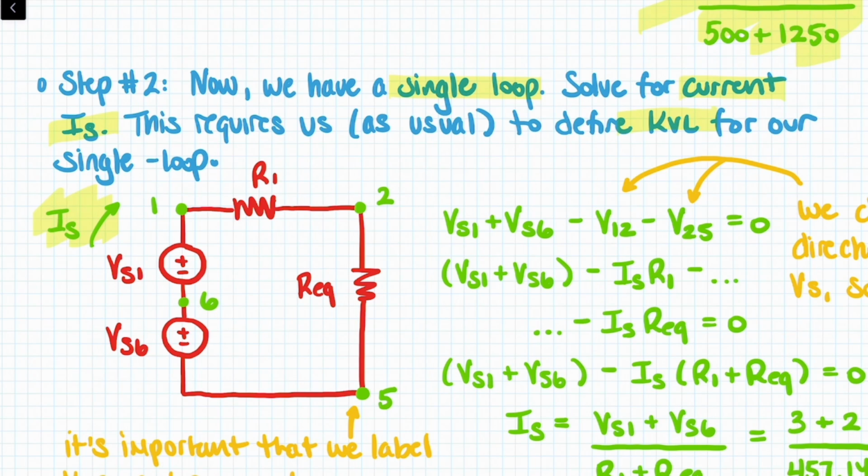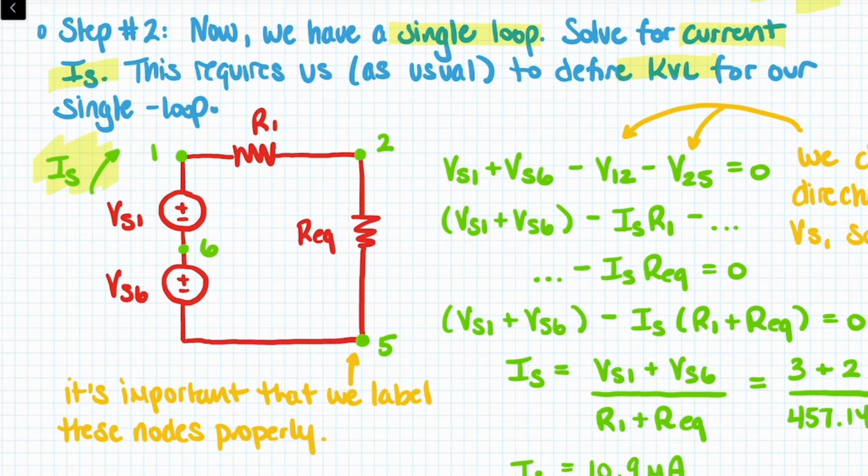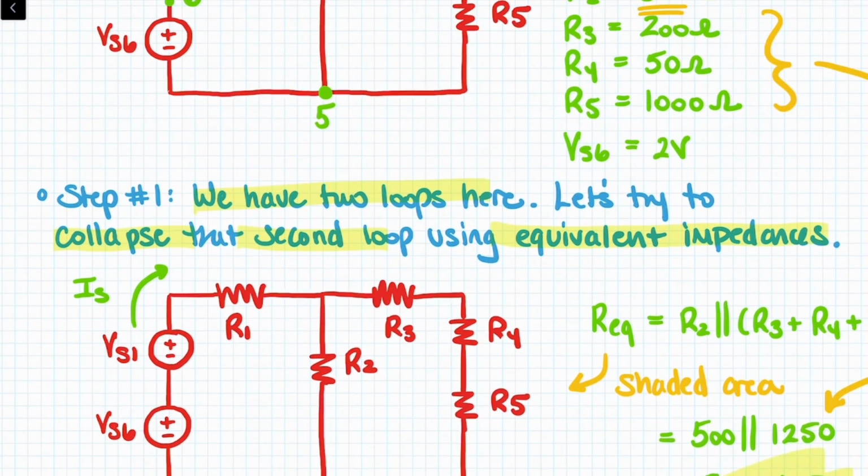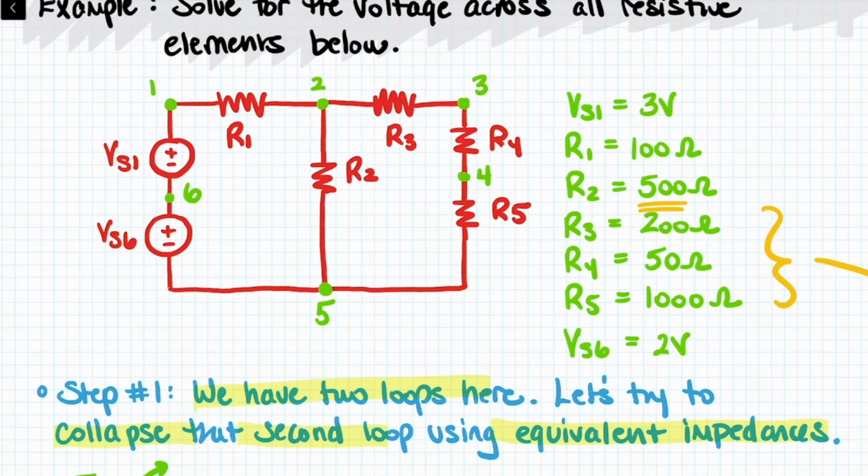Now let's talk briefly about what happens to the rest of the values that used to be over here. Those values are no longer observable. So for example, we can no longer observe V45. We can also no longer observe what I would call current I45. Those values are no longer observable in our simplified circuit, but some values are.